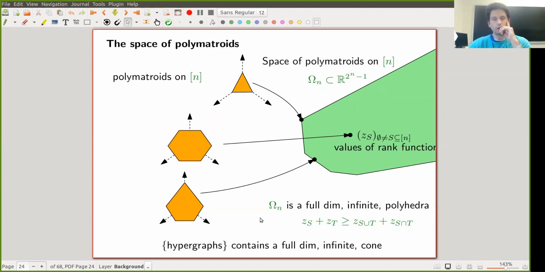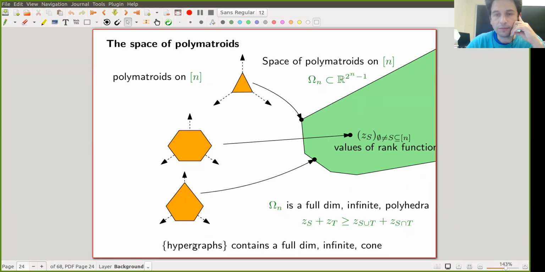The one remark that I want to make is that graphs are very special types of matroids. But hypergraphs are kind of representative of polymatroids, in the sense that the set of polymatroids that come from hypergraphs contains a full-dimensional infinite cone.